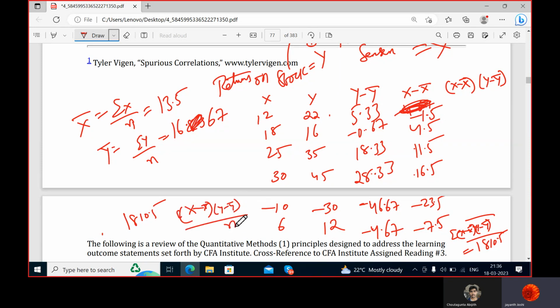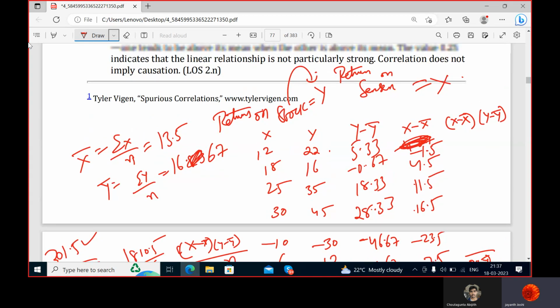We have to divide by n, the number of terms, 6. So what are you getting here? 301.5. So what does it mean? We got a positive number, so they have a positive relationship, correct? Yes, that is covariance.